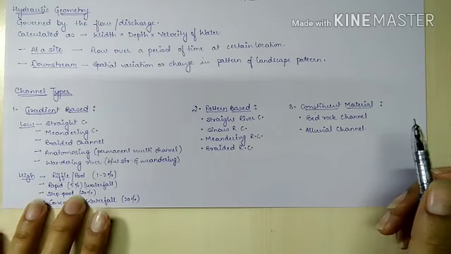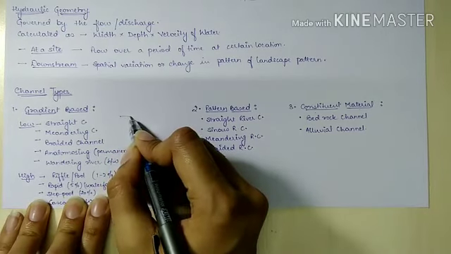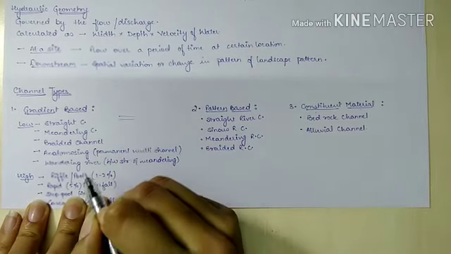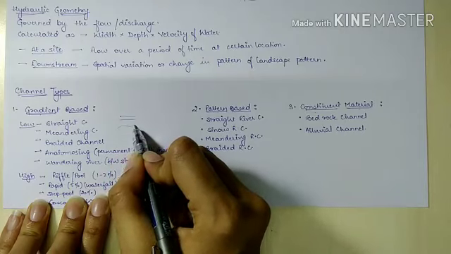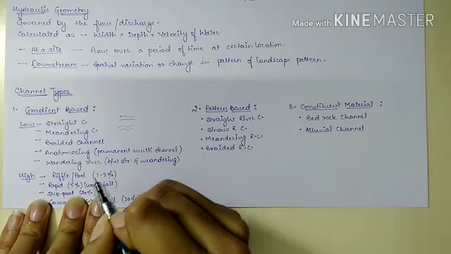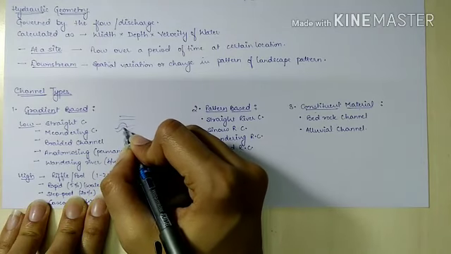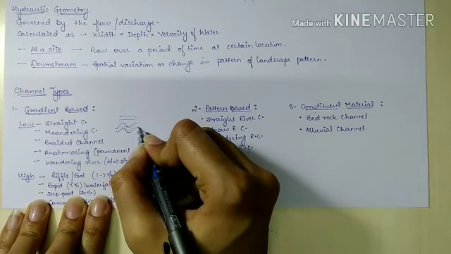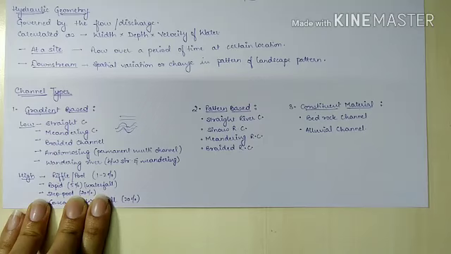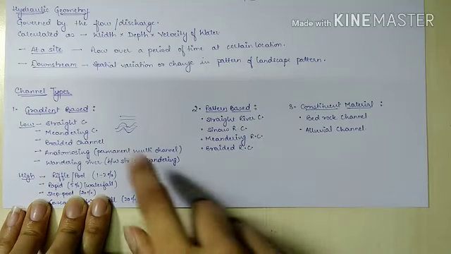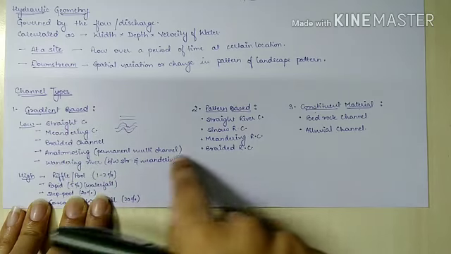So in low gradient channels, we will see straight channel. Okay. Then we have meandering channel. Meandering channel is like this. So when the river comes in its mature and old stage, we will find the ones in low gradients.